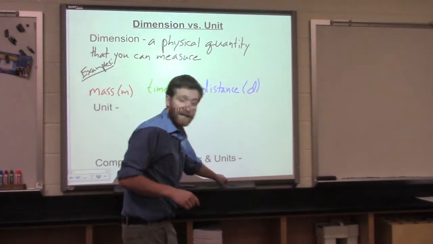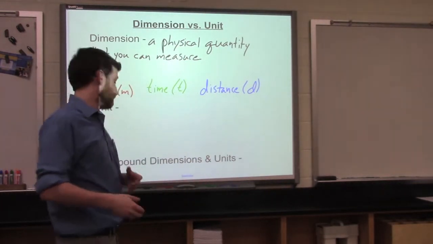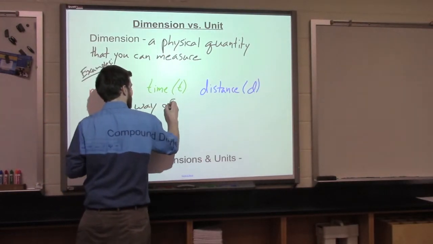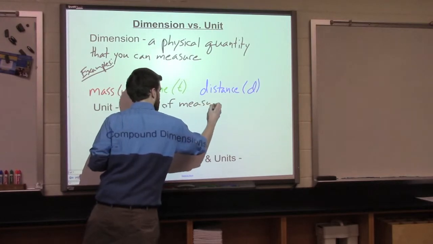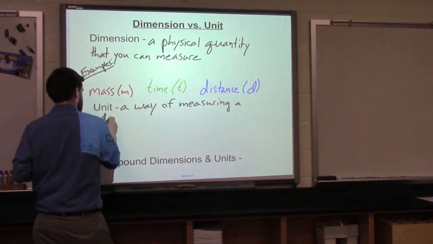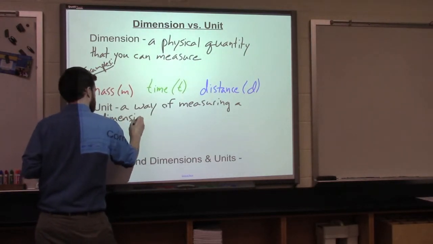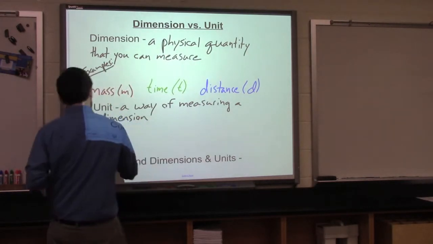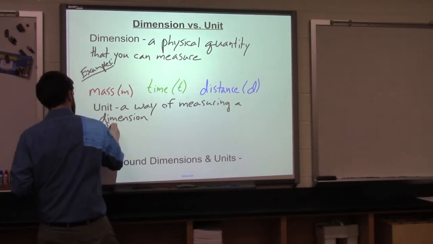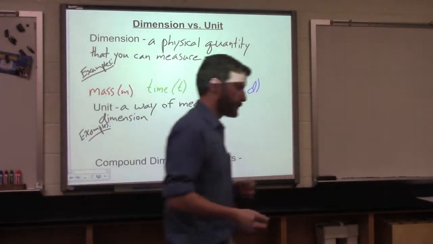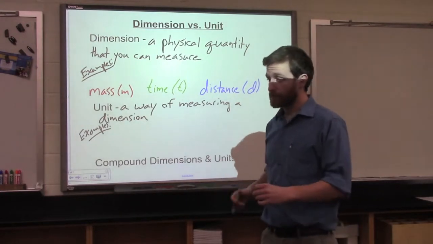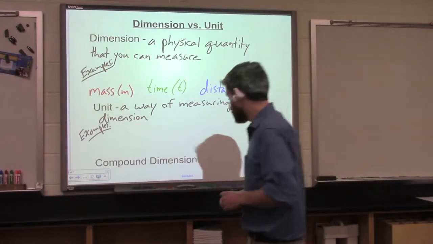So then what is a unit? Well, a unit is a way of measuring a dimension. So we'll give you some examples here too. For the dimension of mass, I can measure mass in grams, kilograms, pounds.